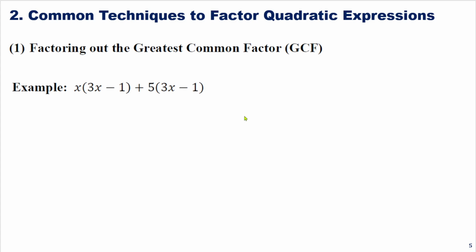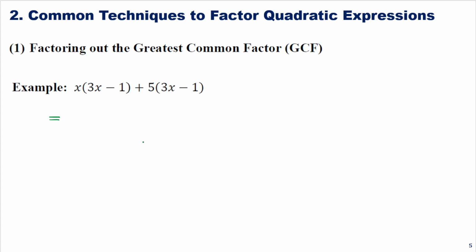So the first method we can use is called factoring out the greatest common factor, or GCF. It's very intuitive, right? So let's have a look at this example here. Suppose you have an expression like this, then we know 3x minus 1 is the common factor of these two terms, right?